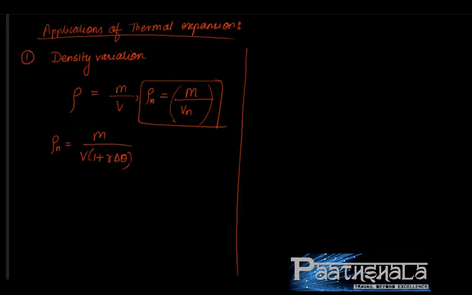Gamma is the coefficient of volume expansion, correct? So this is the exact expression, and mass upon volume is original old density. So this is like old density upon 1 plus gamma delta theta. Nothing else, mass upon volume I have substituted as rho.